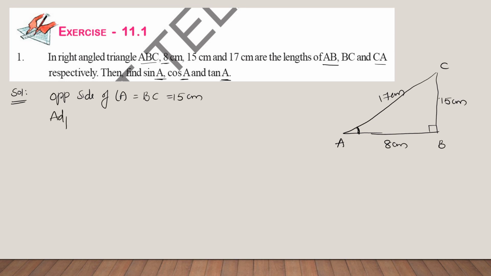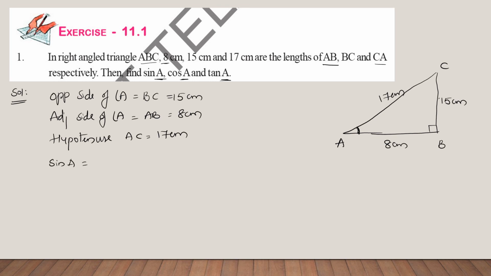Next, the adjacent side of angle A is AB, which is given as 8 centimeters. And clearly the hypotenuse is the longest side, which is AC, equal to 17 centimeters. Now, first of all, what do we need to find out? Sin A.